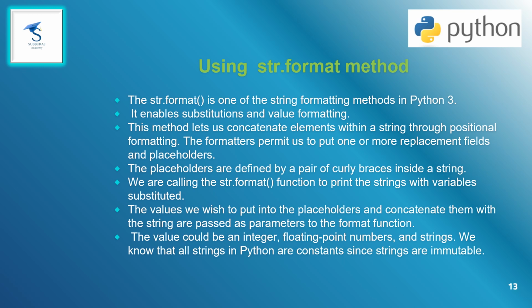But here the value could be an integer, a floating-point number, or a string. You recall percentage s means string, but here when you put a curly brace, it is insensitive to the type. And you know that strings are immutable. We know that strings in Python are constants, so they are not mutable.